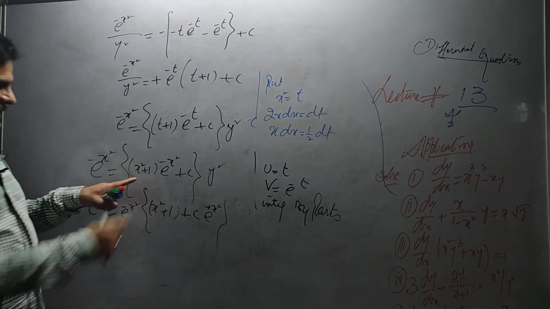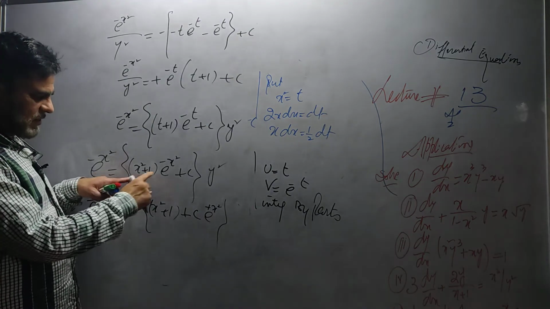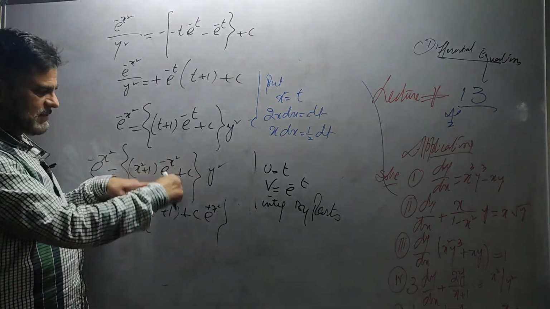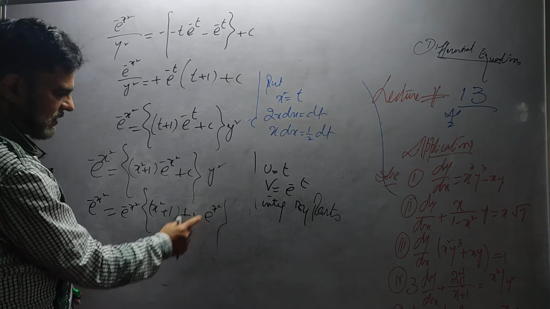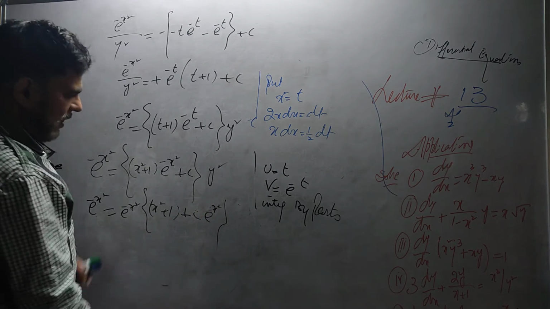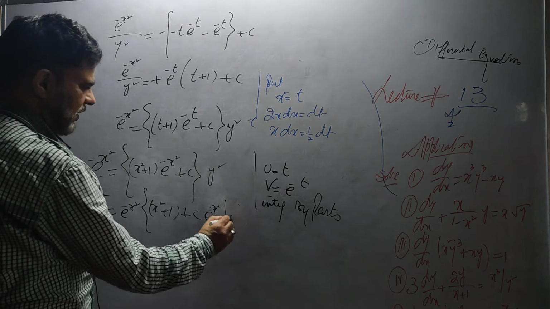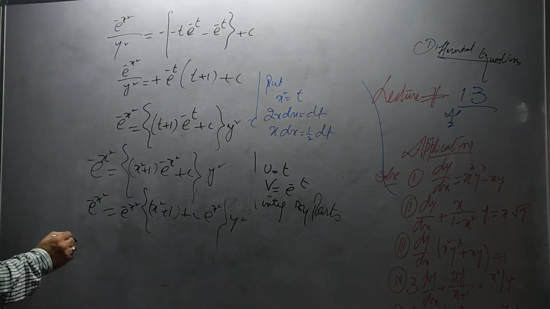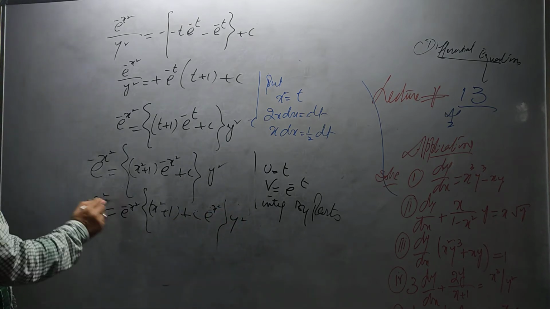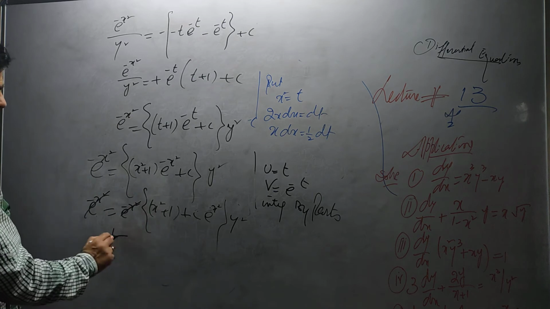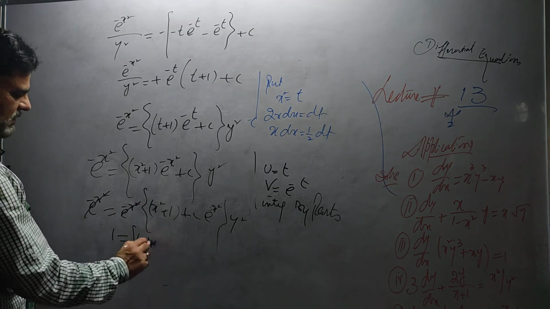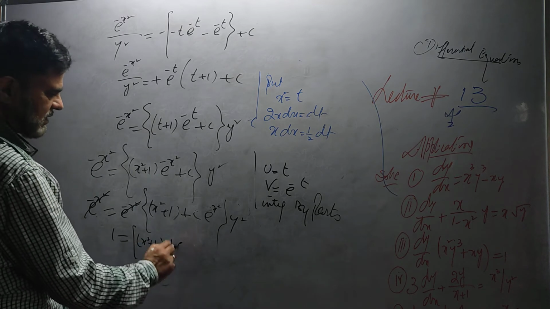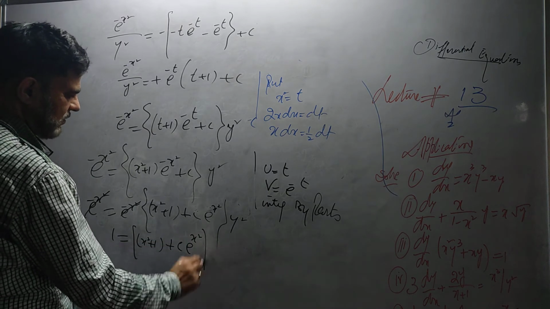Because when we take e raised power minus x square common, it will be x square plus 1 plus c by e raised power minus x square, which is c e raised power plus x square. So I can write the solution in simplified form: y square is equal to x square plus 1 plus c e raised power x square.